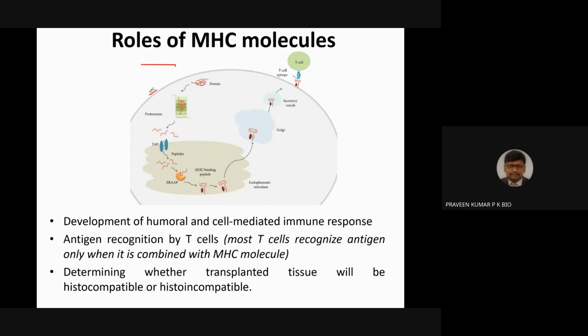MHC1 molecules are transported through the Golgi complex from the endoplasmic reticulum, then to the secretory vesicle, and from there to the surface of the APC. So whatever MHC molecule you have already carries the epitope.